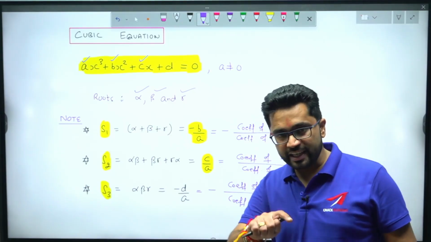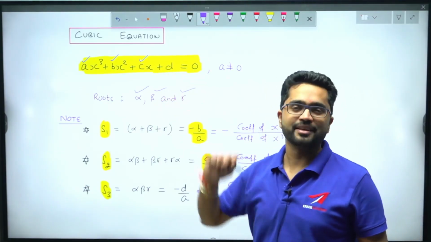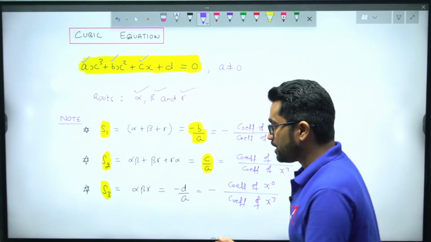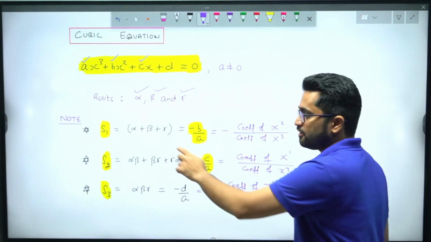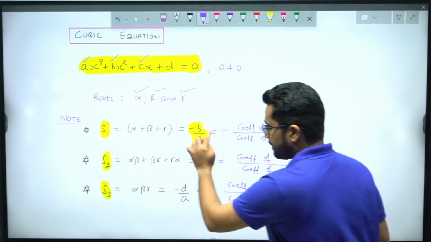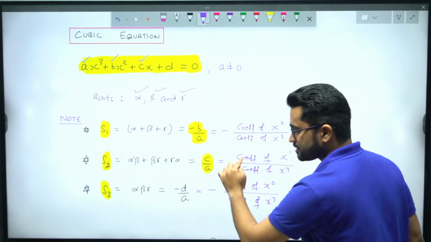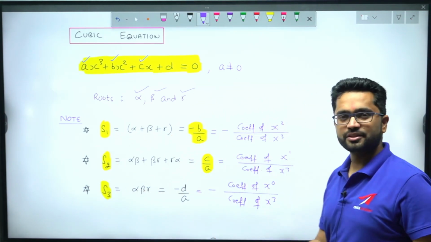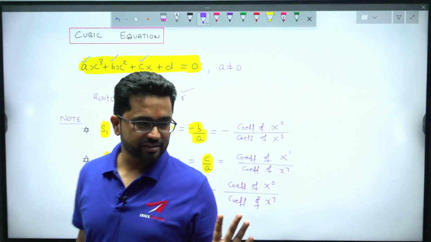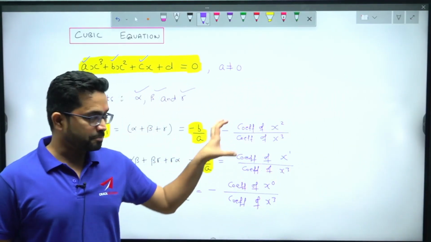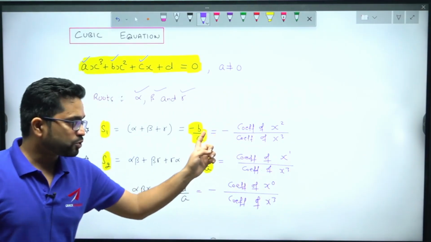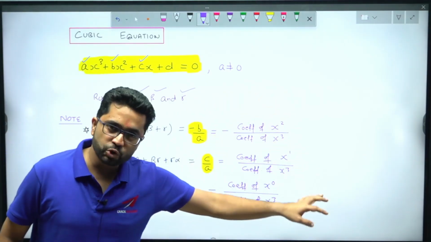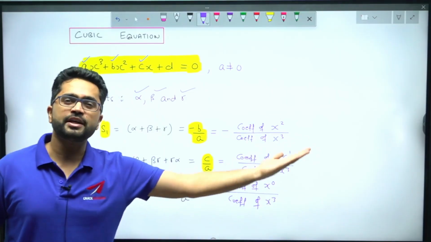Why am I subtracting everything from 3? Because it's a cubic one. And where do you use the minus sign or plus sign? If it is odd suffix, minus; even suffix, plus. We'll understand this later on, I'm just building up the base for the next thing. So what is it? Coefficient of x cube in the denominator. And what about the numerator?